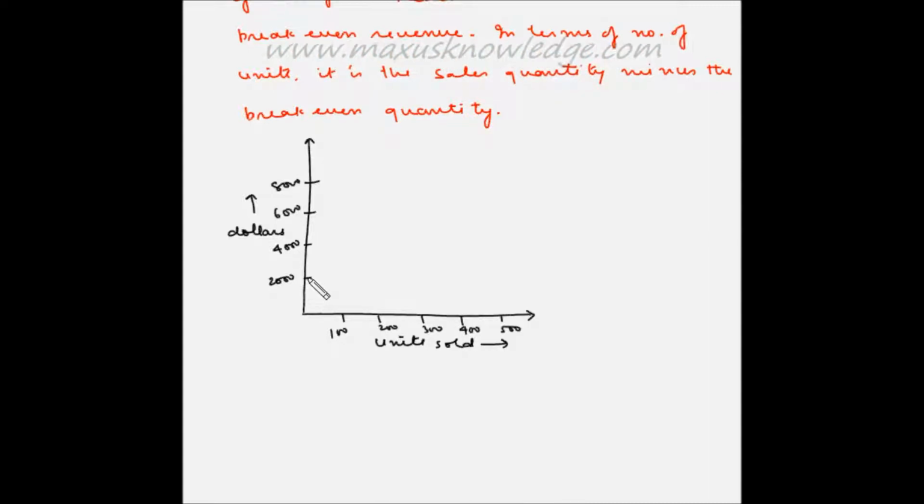Now, let's say the fixed cost is $2,000. So let's draw the fixed cost line. This is parallel to the x-axis and represents the fixed cost. Now let's draw the total cost line.